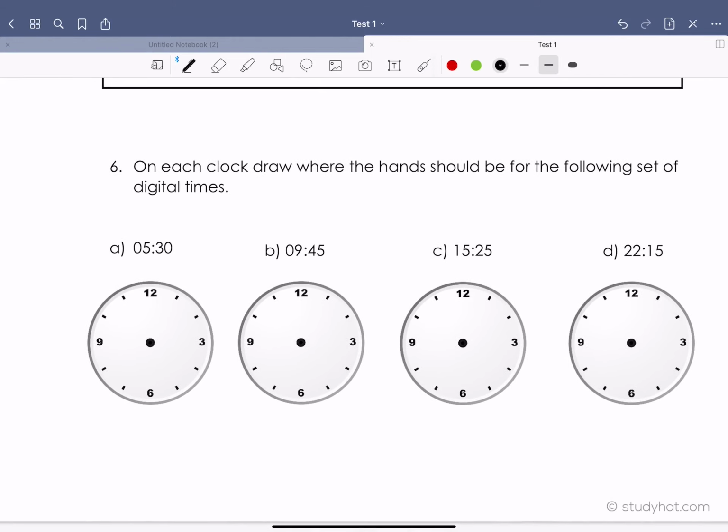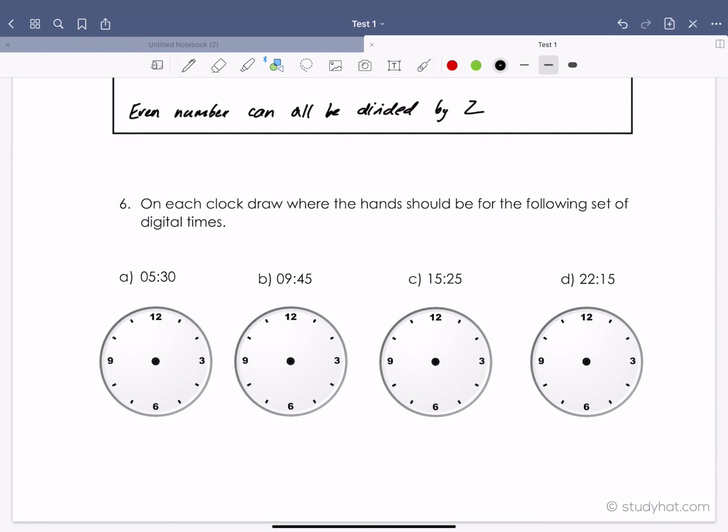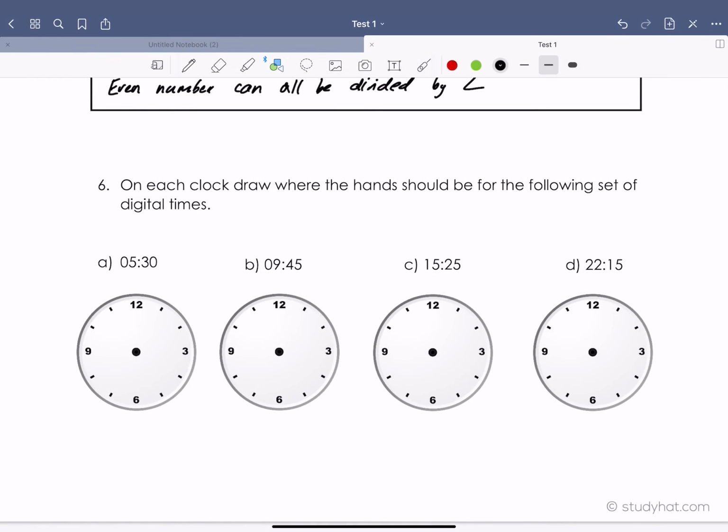On each clock, draw where the hand should be for the following set of digital times. So this is 5:30 a.m. We have the big hand on the 30, so the big hand down here on the 30, and the small hand on the 5.